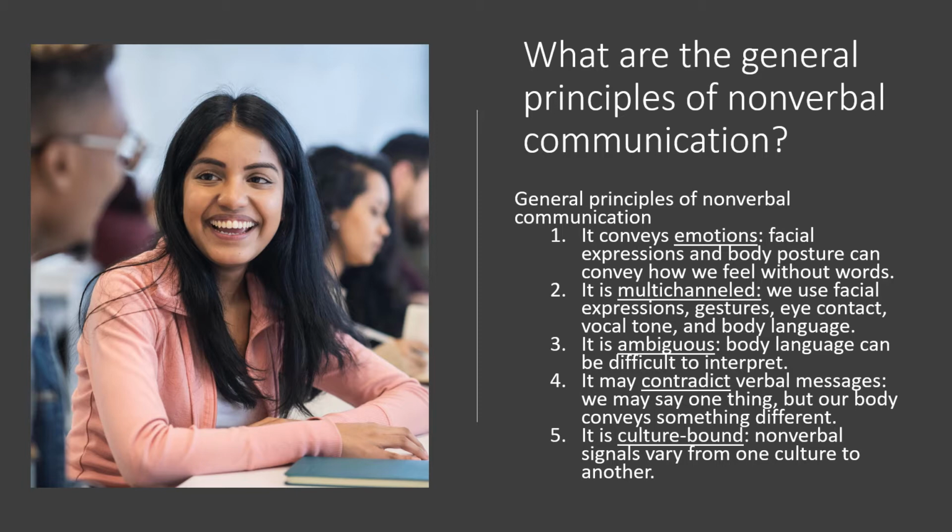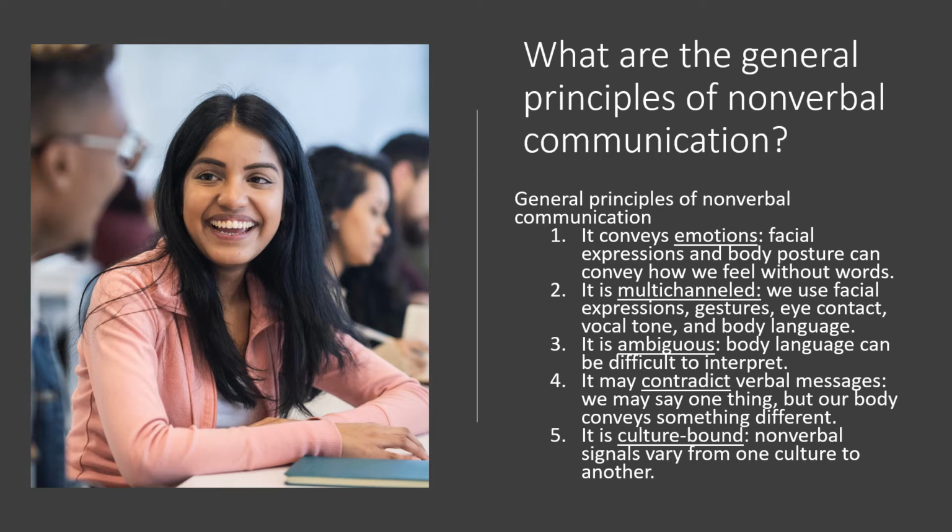It's also multi-channeled. So we use facial expressions, gestures, eye contact, vocal tone, and body language. And all of these go back to number one because they all have a way of expressing emotions. So some of the nonverbal communications that we express that might be expressing an emotion like, I agree with this, I feel a certain way, might be very straightforward and very clear.